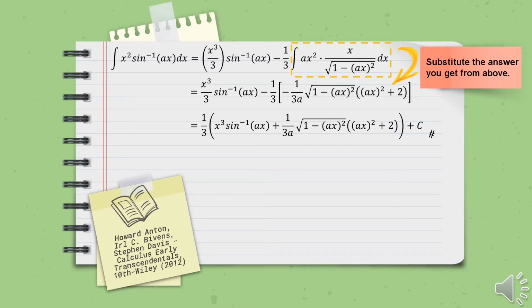And after we simplify, we get the final answer, which is 1 over 3 times x cubed inverse sine ax plus 1 over 3a times square root of 1 minus ax squared times ax squared plus 2, plus c. So that's the final answer.